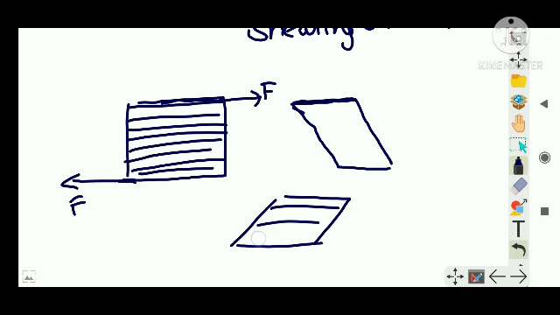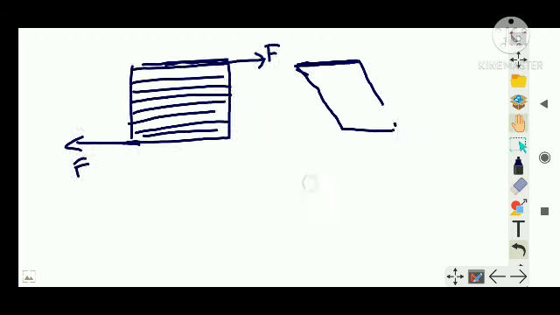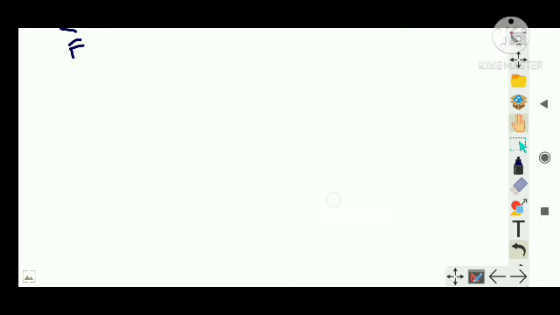The deck of cards will be aligned like this. So here also what I applied is changing the inclination of that object. Of course the shape is changing, but the bottom area coverage is not changing, right? The same is happening here, but I would say the inclination is changing. This is an example of shearing stress, and correspondingly the change in alignment is known as shearing strain.